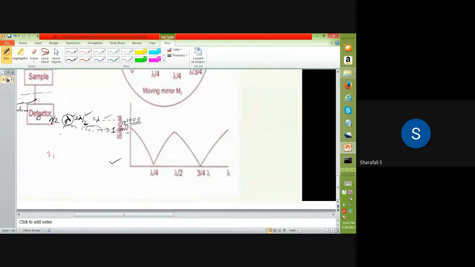Mu1 was the first frequency that we considered, and we get this kind of spectral interference pattern. Then we consider mu2, the second one, such that mu1 is less than mu2, so mu2 has a higher frequency, which means its lambda will be smaller. So this is your lambda by 2, this is your lambda, this is your 3 lambda by 2, and this is your 2 lambda.